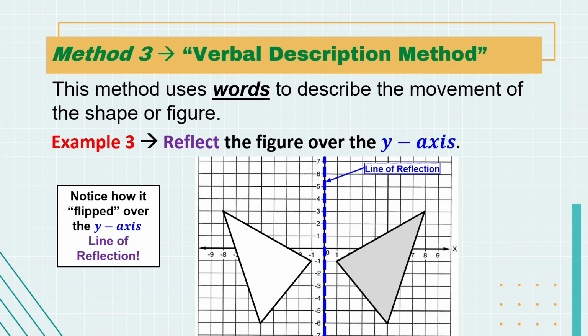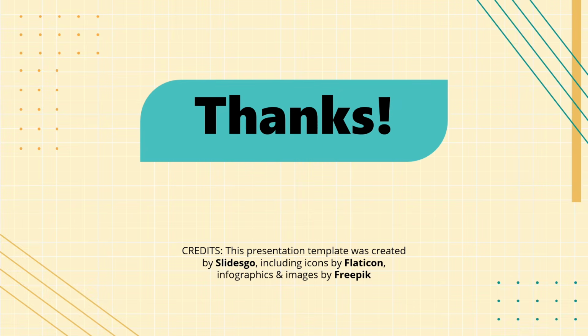If the instruction says reflect over the x-axis, the figure flips above or below the x-axis. If the instruction says reflect over the y-axis, the figure flips left or right across the y-axis. So even if the instruction is written in words, we still apply the reflection rule. That ends our discussion on geometric reflections.